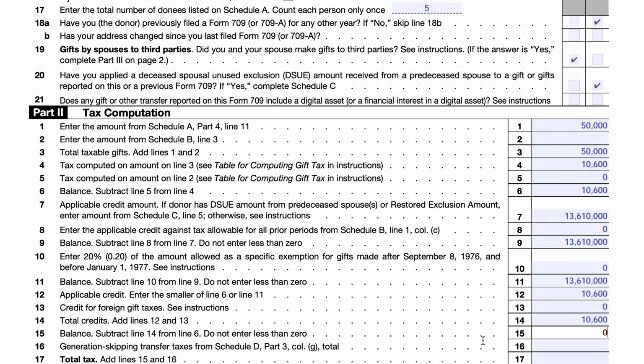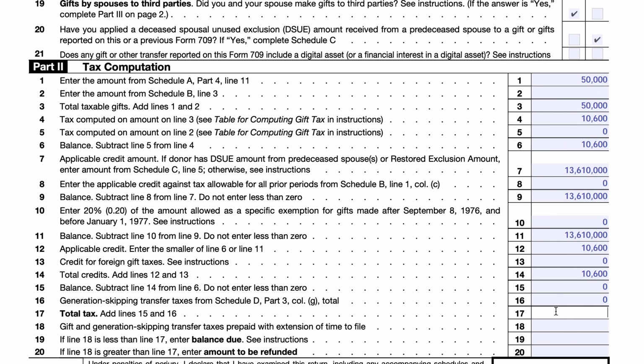And then any generation skipping transfer tax, again, if this was something that we transferred to our granddaughter instead of our daughter, then we would be reporting this amount on both Schedule A and Schedule D. In this case, we don't have anything in Schedule D, so the total tax ends up being 0.